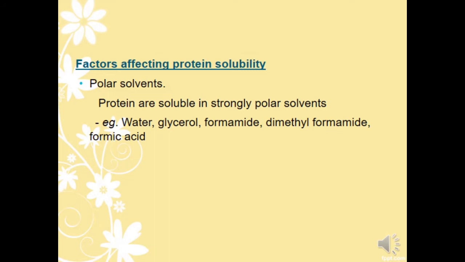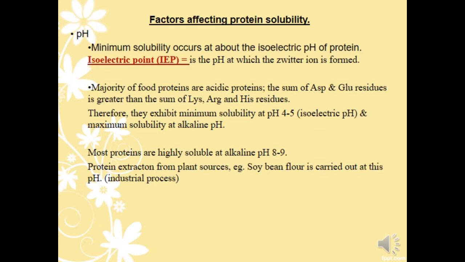So next we look at factors which affect protein solubility. The first factor is polar solvent. Proteins are soluble in strongly polar solvents like water, glycerol, formamide, dimethylformamide, and formic acid. The second factor is pH.